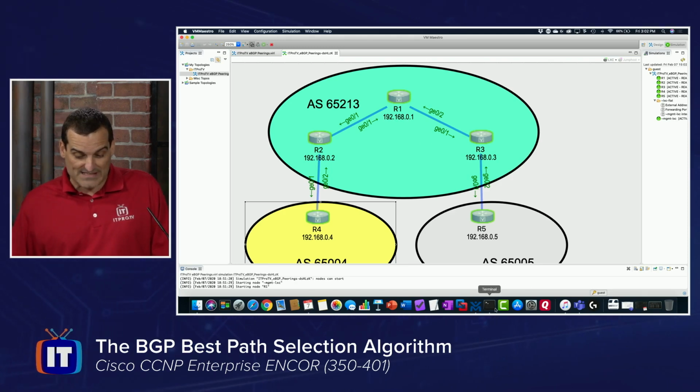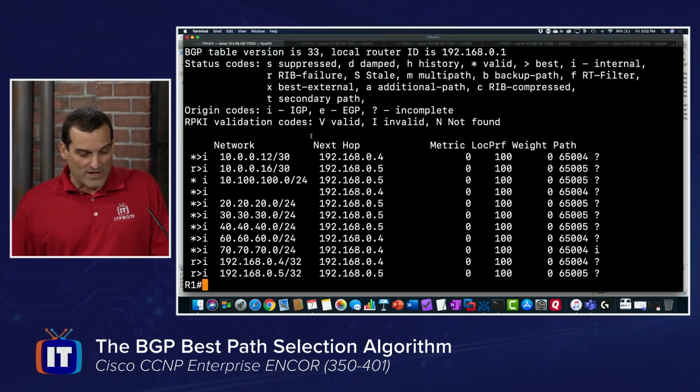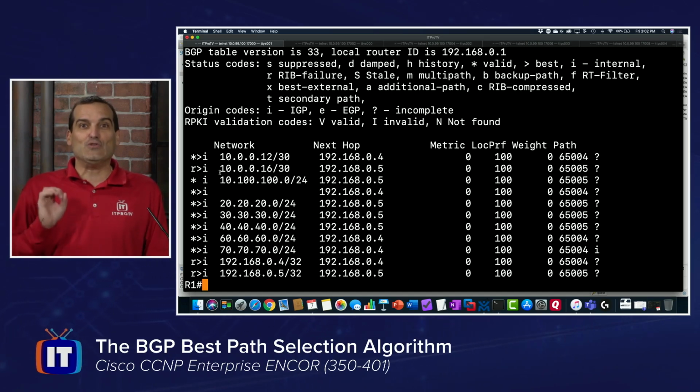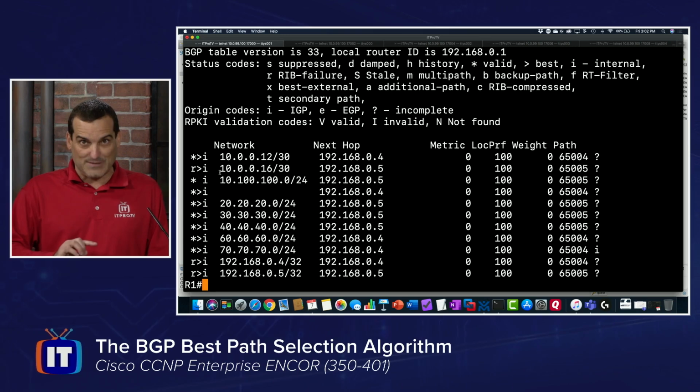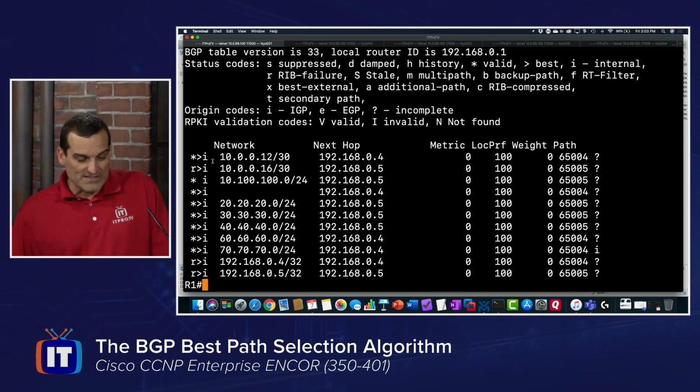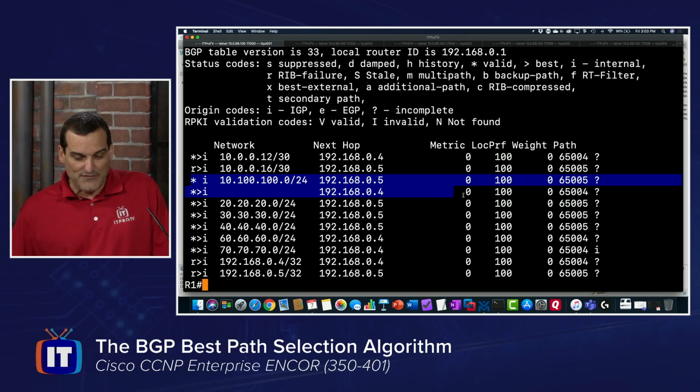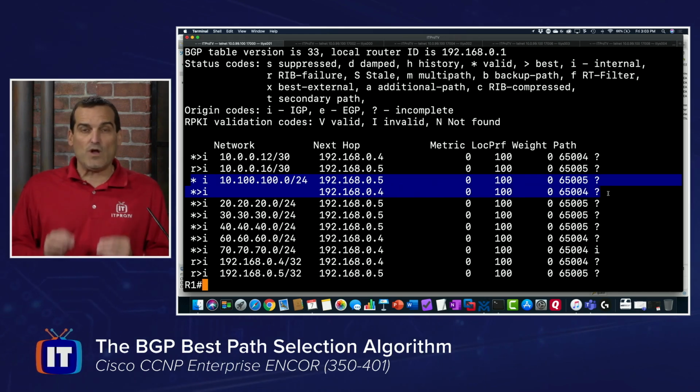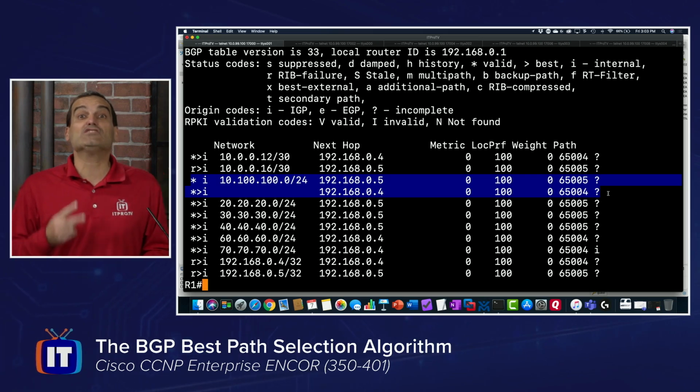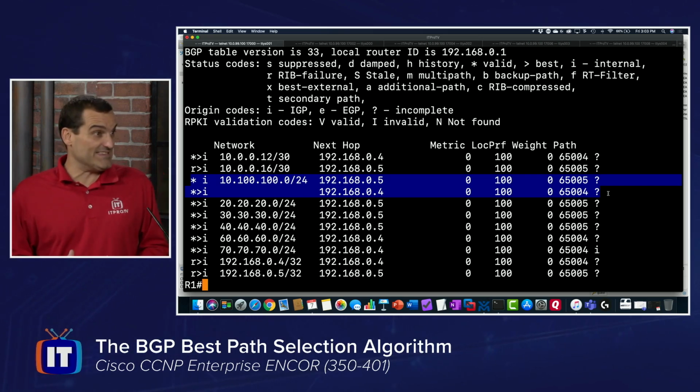So watch this. If you go to the R1 device and do a show IP BGP to look at the BGP table, you will see that for the prefix 10.100.100.0 there are two options to get there, Ronnie.